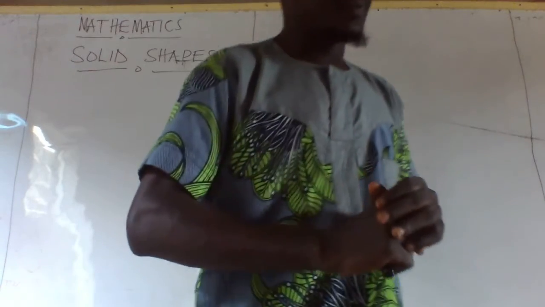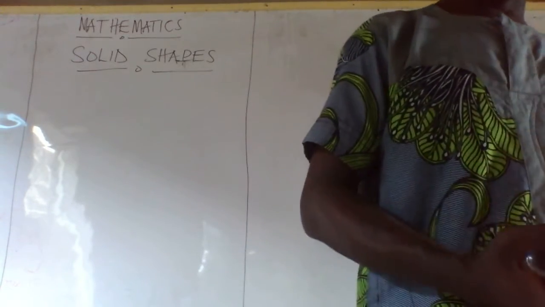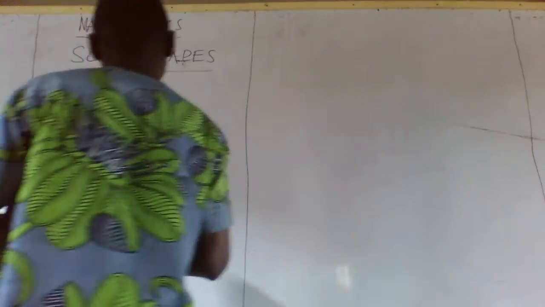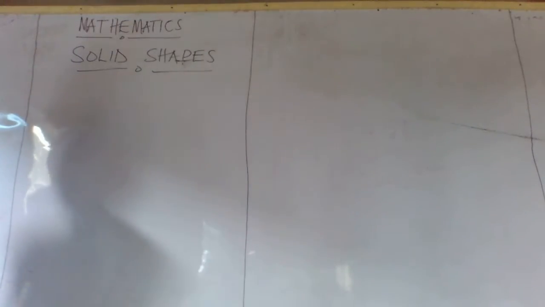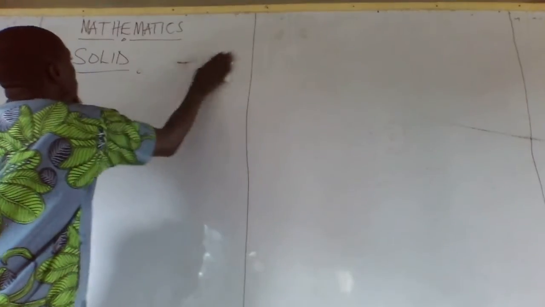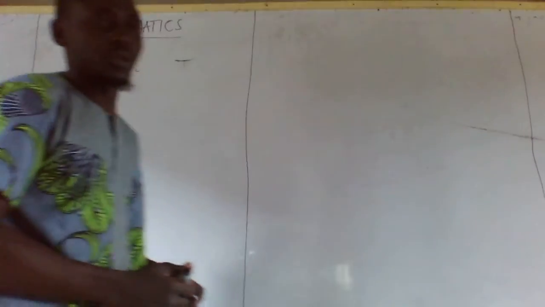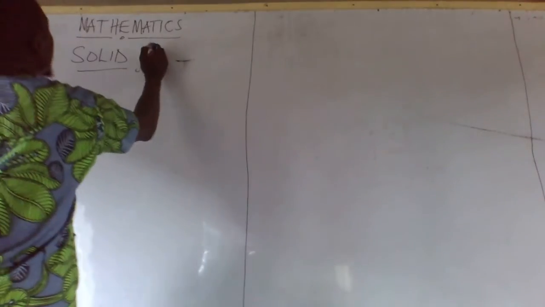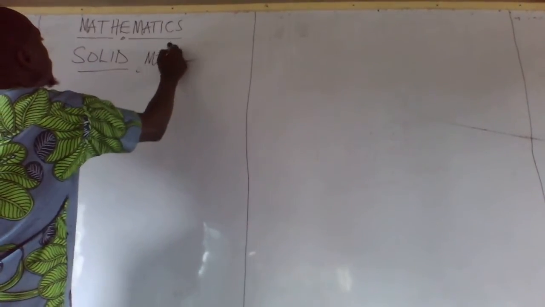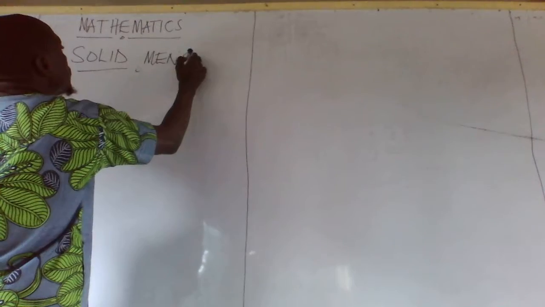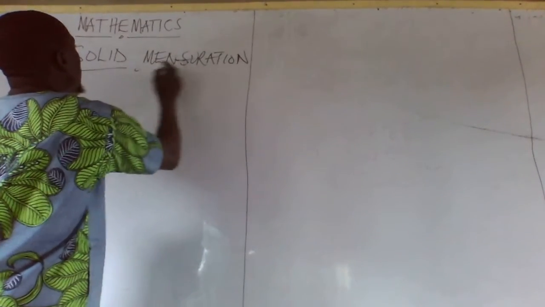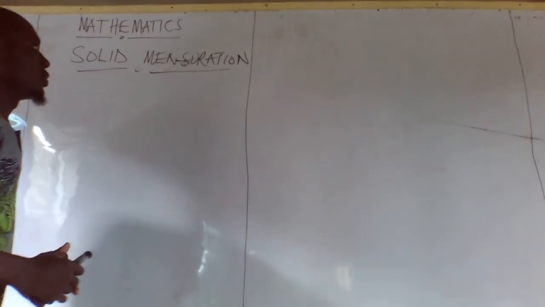When we say solid shapes, instead of saying shapes, let's say solid mensuration.